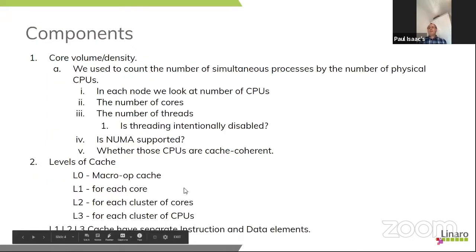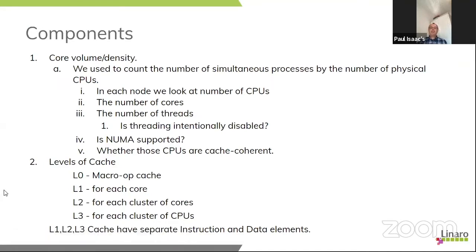So first of all, we look at the CPU. We have to break it down as to how relevant it is to a HPC environment. So we look at the number of nodes, so that's the number of chassis that we're likely to be putting together, the number of cores within those CPUs, how many threads could actually be maintained by a single CPU. Is non-uniform memory architecture supported?